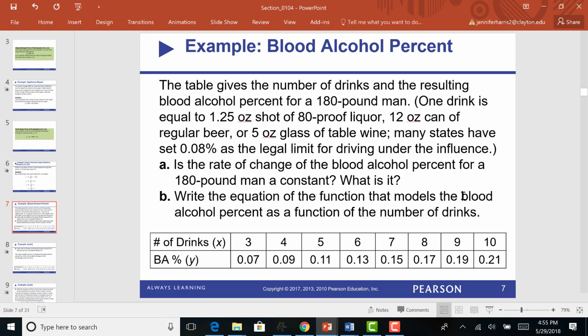I'm going to take one of the points from the xy table and plug it into this one. So I'm going to pick the same point I already had: x is 3, and y is 0.07, with slope 0.02. Now can I solve and get b by itself? Yes. All right, so that's going to be 0.02 times 3 was 0.06.